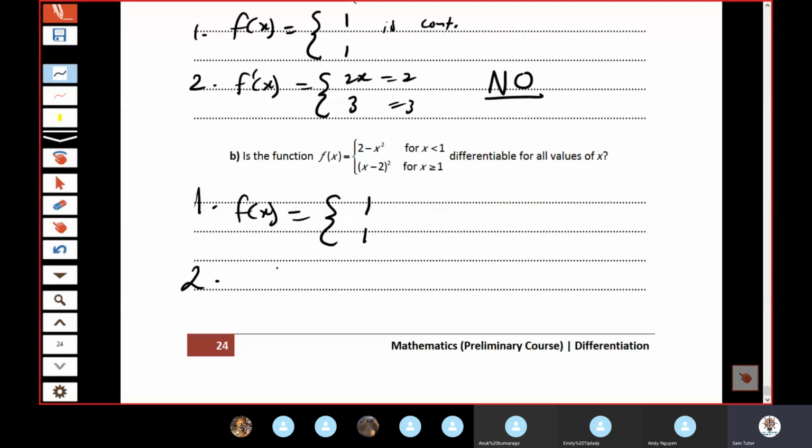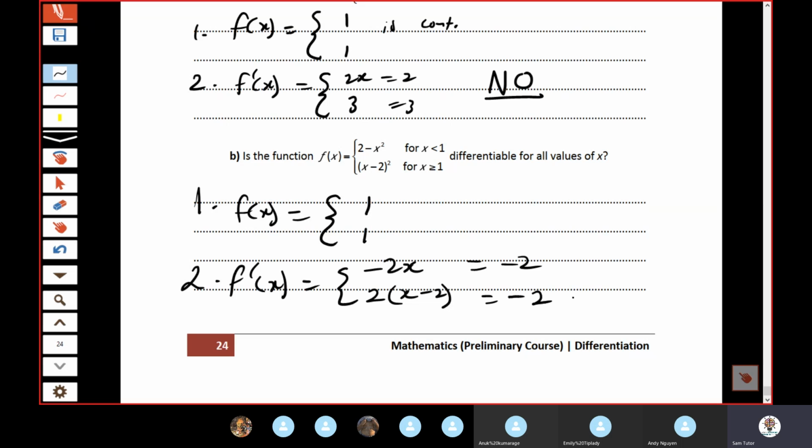All right, so step 2. Step 2, differentiate. The derivative of this is negative 2x. The derivative of this is 2 bracket x minus 2 to the power of 1. Then you sub in 1 into here. That gives me negative 2. Sub in 1 into here. 1 take away 2 is negative 1.